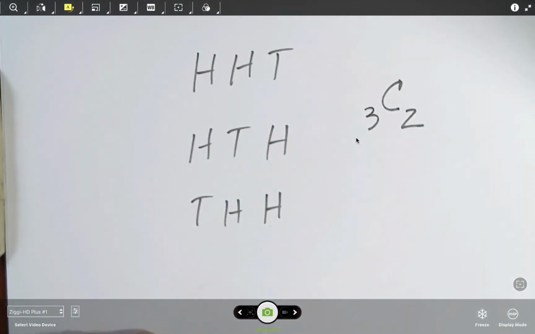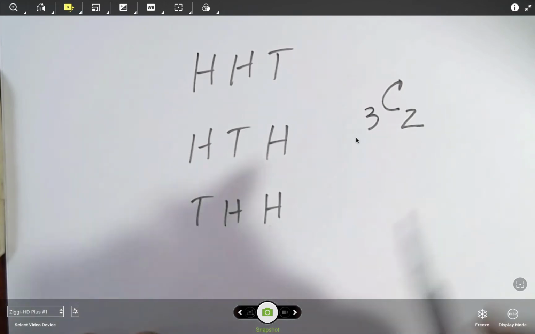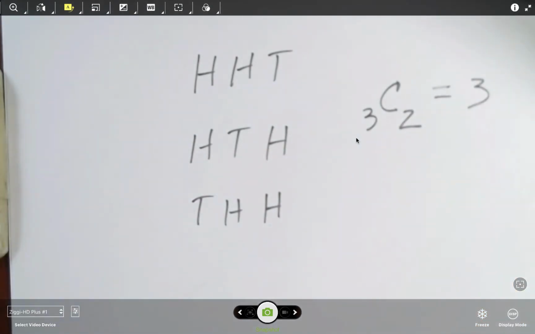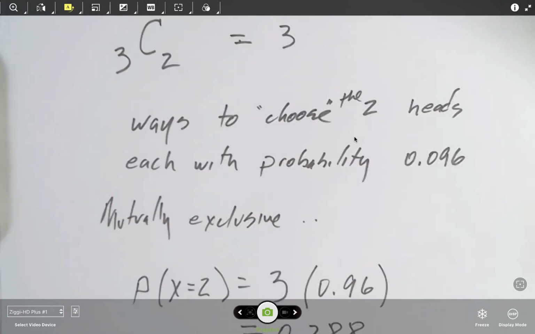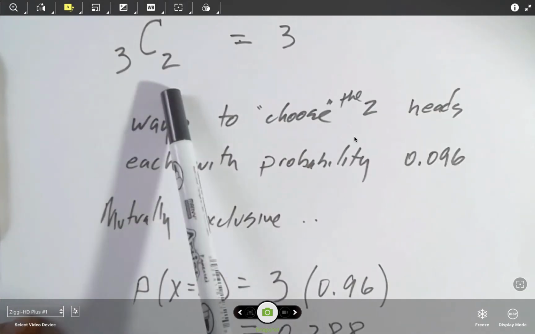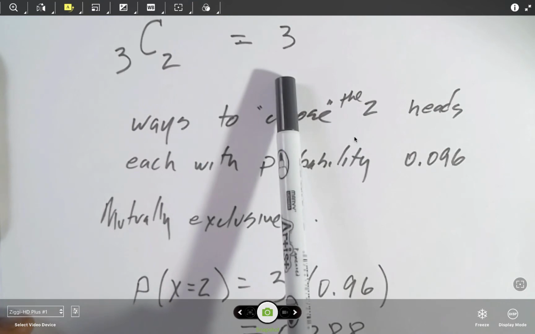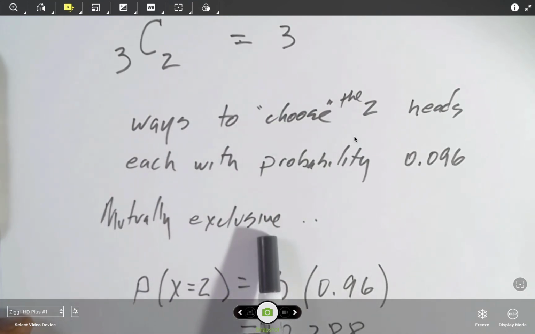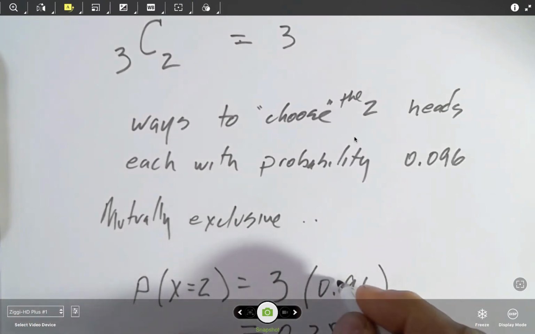And order is not important. We're just selecting the places here. So there are 3 choose 2 equals 3 ways to select the locations for the 2 heads. Again, 3 choose 2 ways to select where the heads occur, and they're mutually exclusive, so we add 0.096.